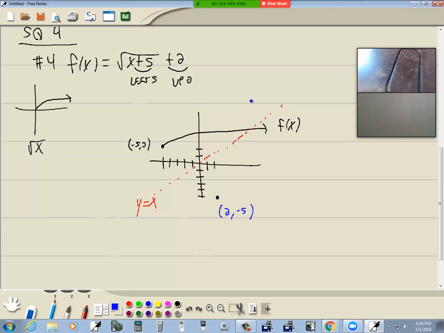Right. You see those transformations, and that tells you now the square root of x automatically looks like this. So then when I sketch this, right here is going to be our inverse.